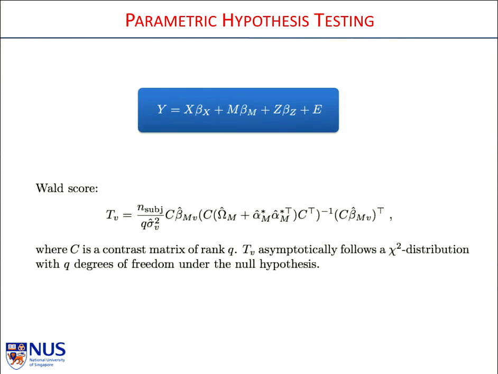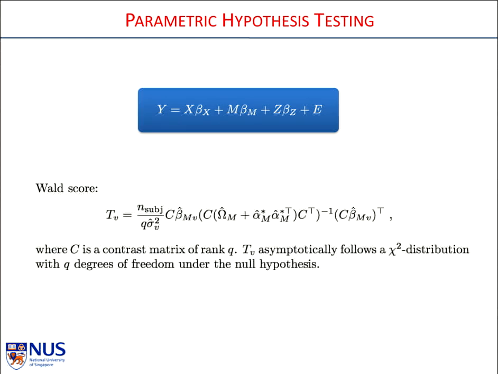So now, once you have beta M and you know what your residual is, the simple thing you can do is compute what we call the Wald score, for parametric hypothesis testing on beta M at each voxel. And the smaller v down here just indicates which voxel it is, okay? And C down here is a contrast matrix, depending on how you want to do the combination of M and how you're going to do the statistical testing for it.